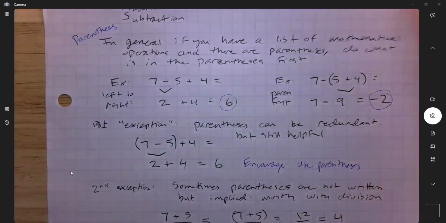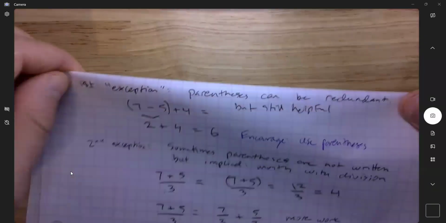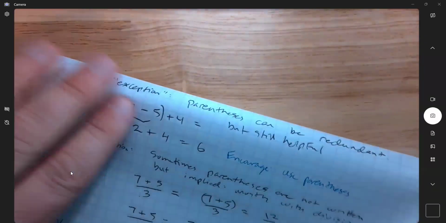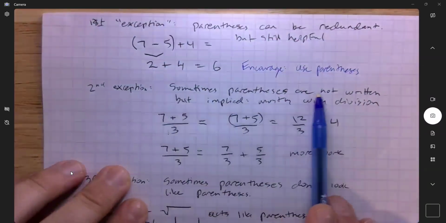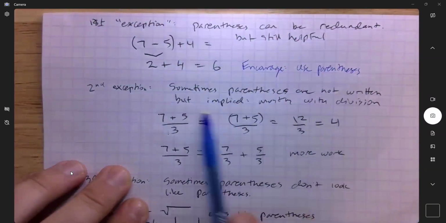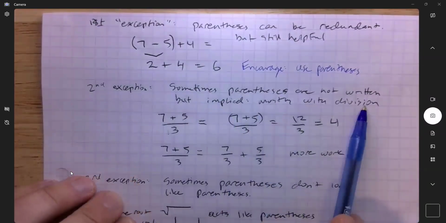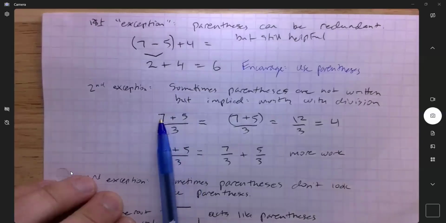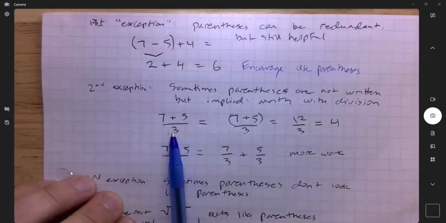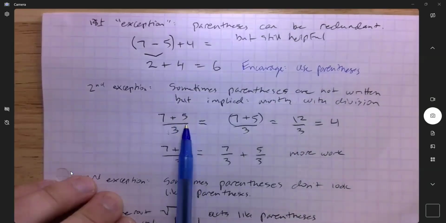All right, second exception for parentheses in particular. Sometimes parentheses are not written, but they are implied. And this happens most often with division. For example, if I write the mathematical expression 7 plus 5 over 3, I can see I have an addition and I have a division.